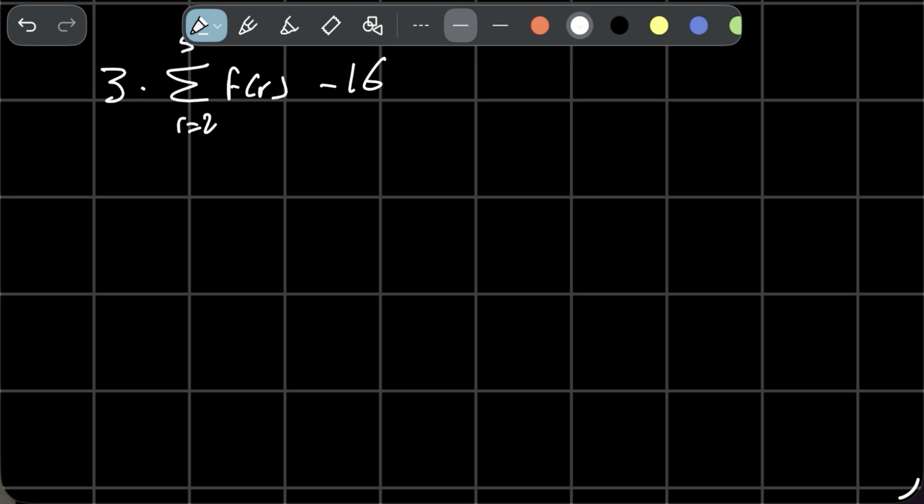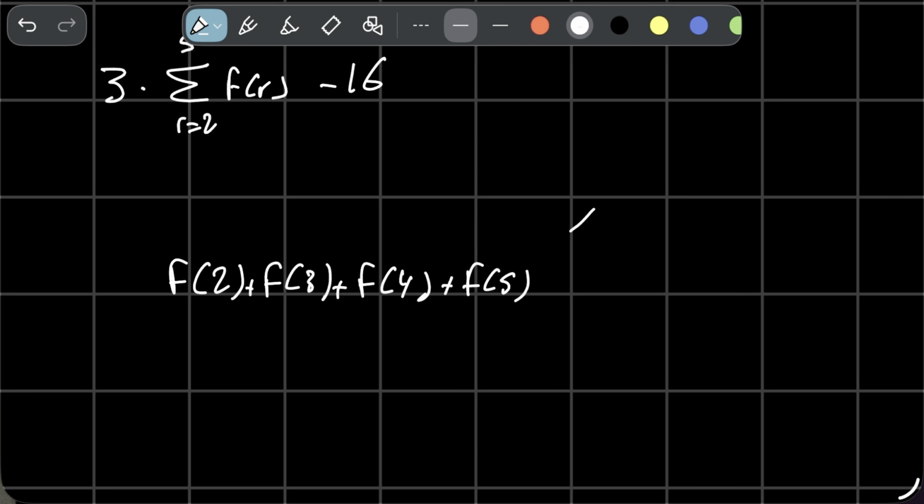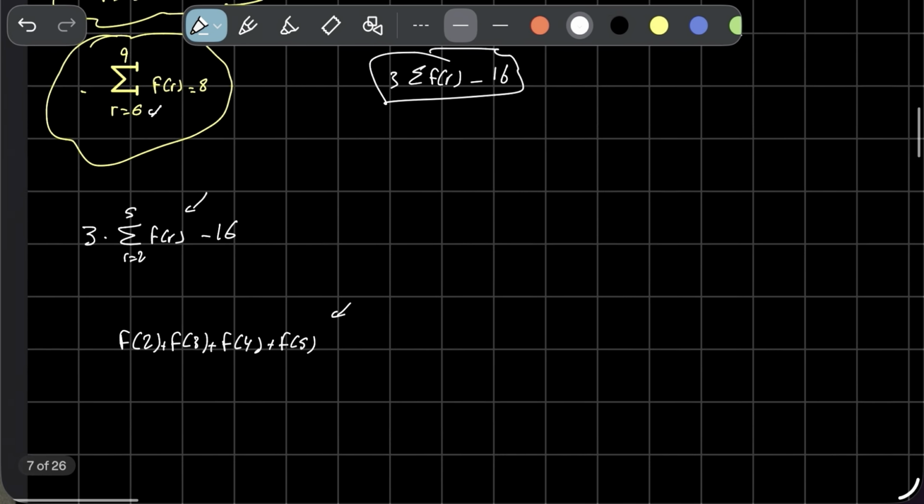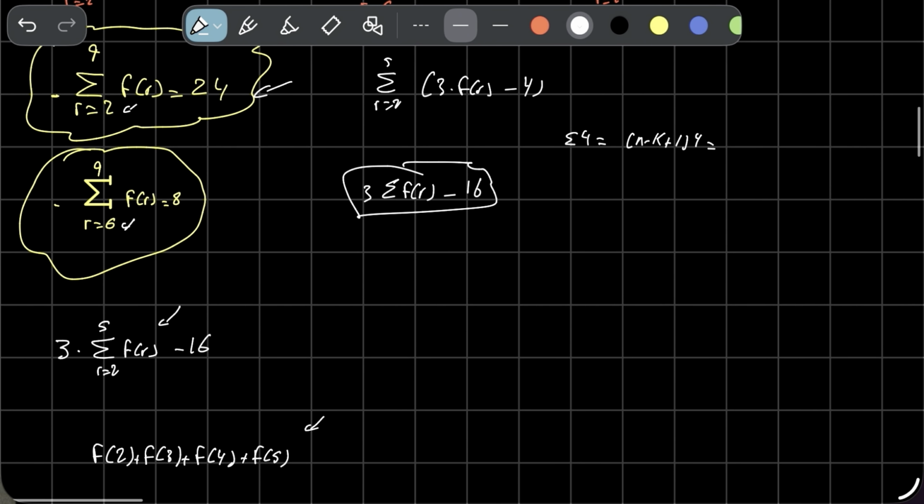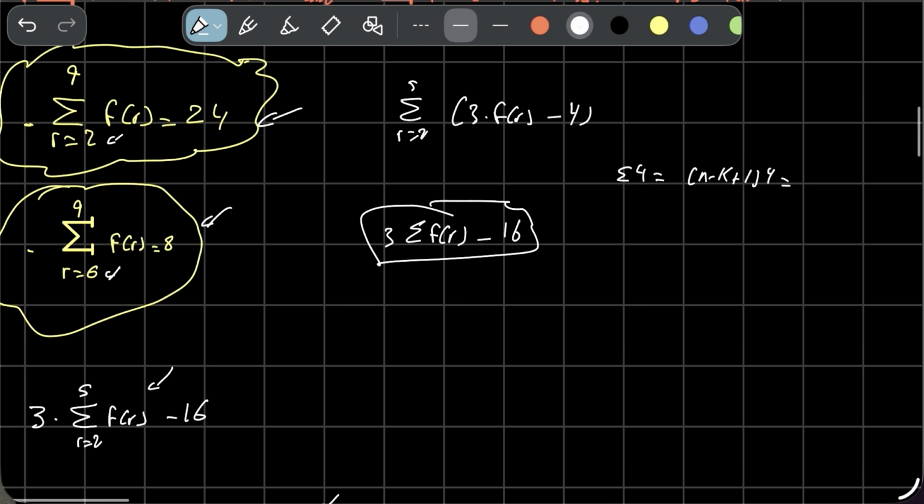Let's write it formally. It's basically f2 plus f3 plus f4 plus f5, right? We want this one, but what we have is this one and this one. Let's also write them formally.